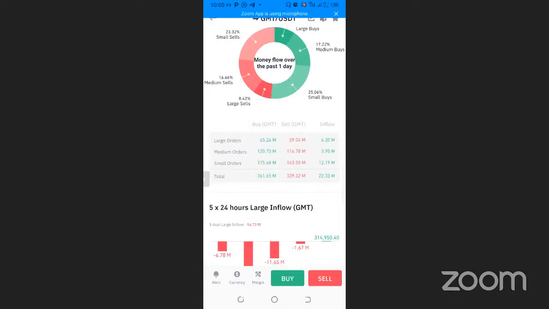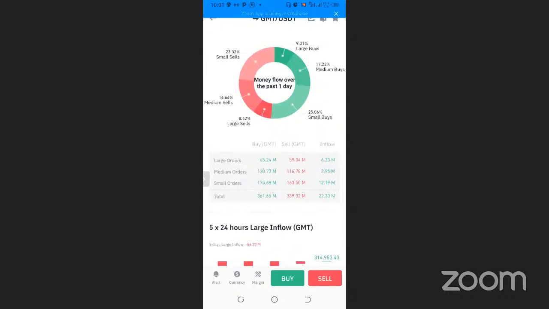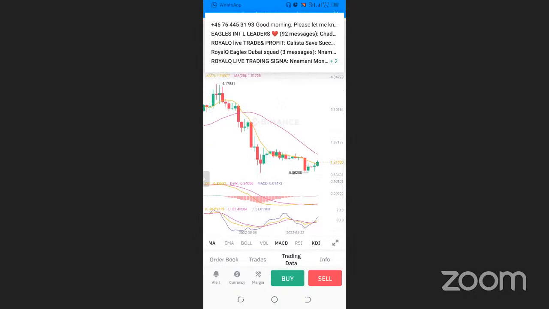Wow. Okay. There's a possibility of GMT going high again because the market is still forming on a profitable.